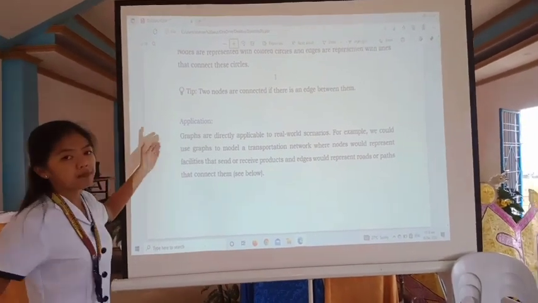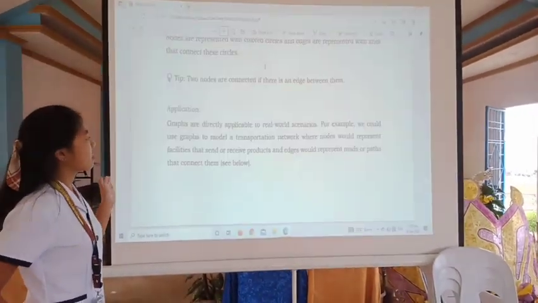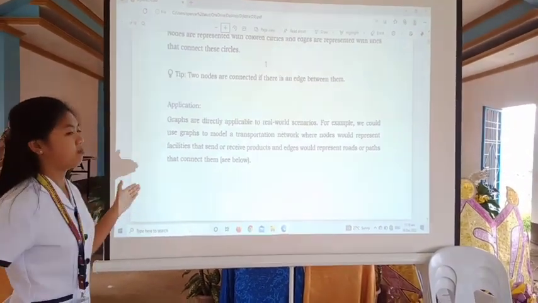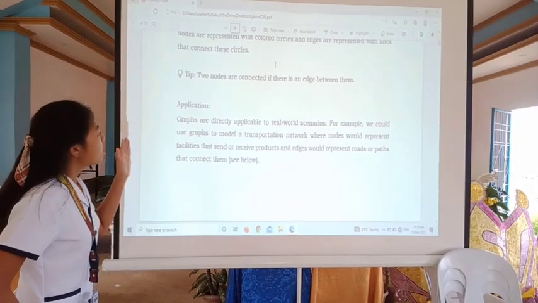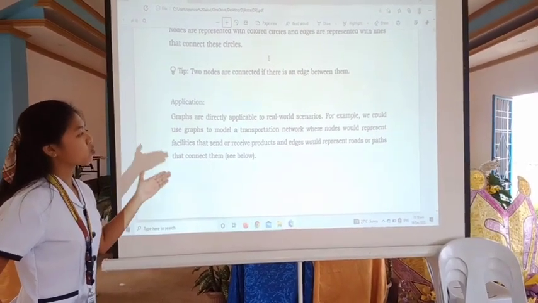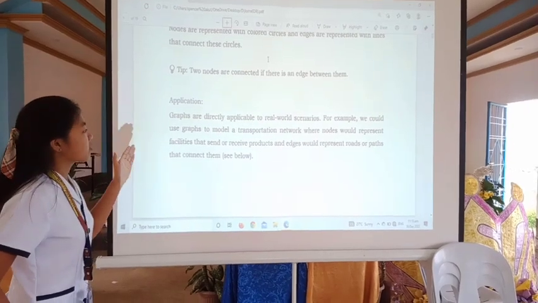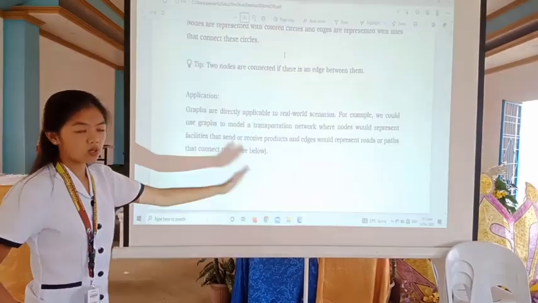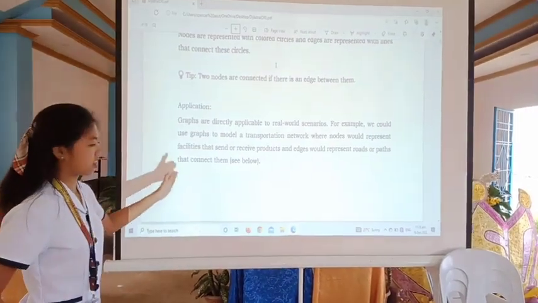Okay, for the applications, graphs are directly applicable to real-world scenarios. For example, we could use a graph to model a transportation network where nodes would represent facilities that send or receive products and edges would represent the roads or paths that connect them.